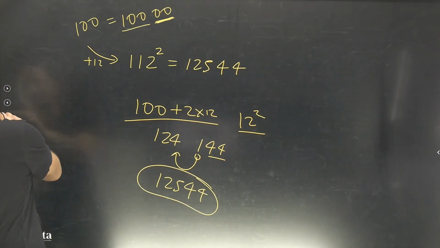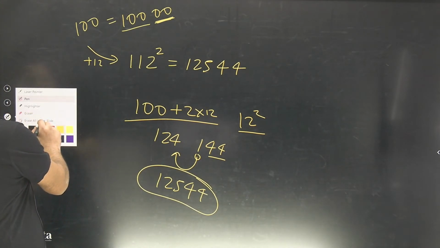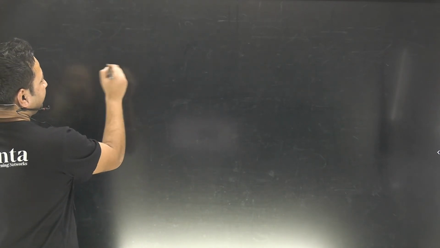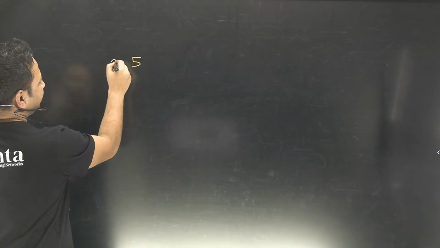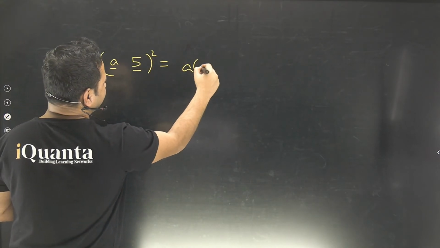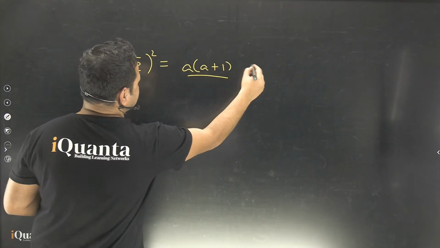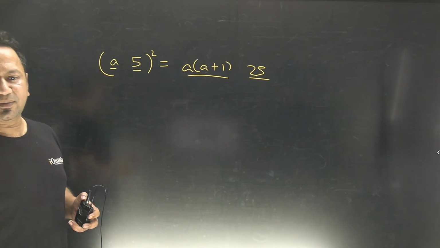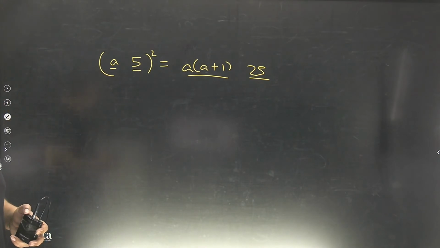There's one more thing. Before going on further, the last thing which you need to understand is that when a number ends at 5, its square always ends at 25, and then a multiplied by a plus 1.